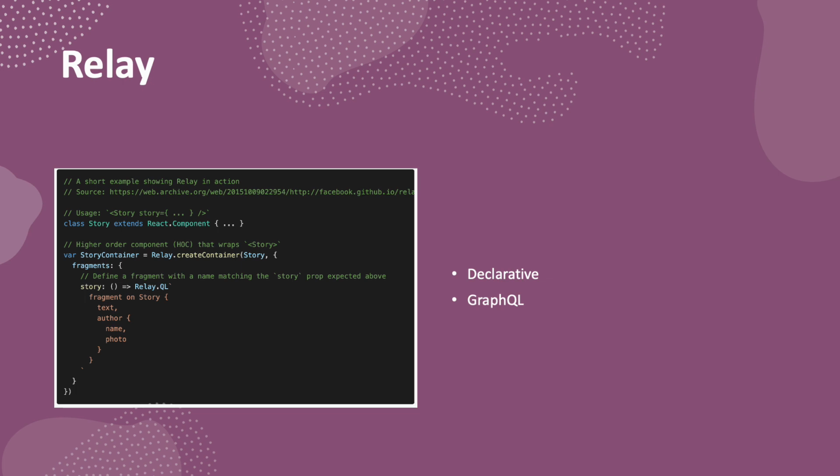Coming to Relay, when Facebook introduced Relay in 2015, they introduced a new way for React components to declaratively state the data they required. You could write a GraphQL query, bind it to a component, and let Relay handle the process of loading it without writing the logic yourself.